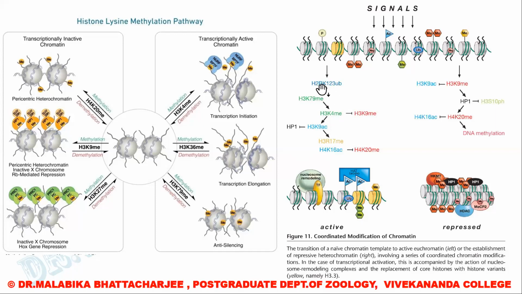So you can see this is histone 2B. How do you read it? Histone 2B lysine 123, so the position of the lysine is at the 123rd position from the amino acid tail.